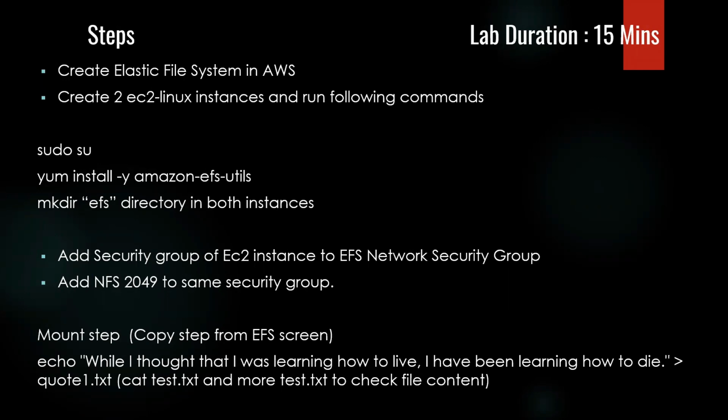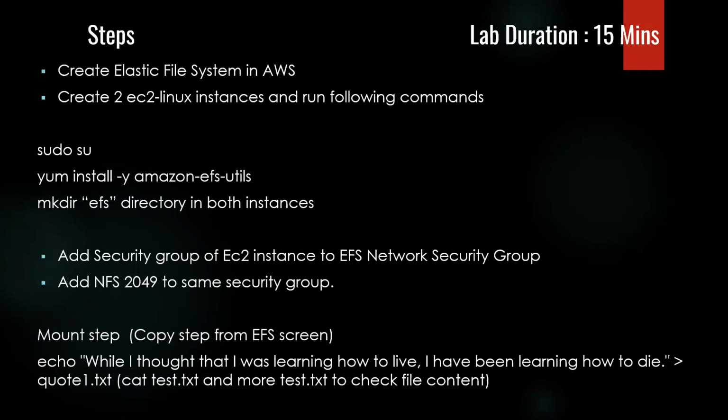Then after that, I will use the command yum install -y amazon-efs-utils. This utility is made by AWS to connect with EFS. Basically, it will set up all your things on the Linux instance once you install that utility. Then I would be creating an EFS directory in both the instances.